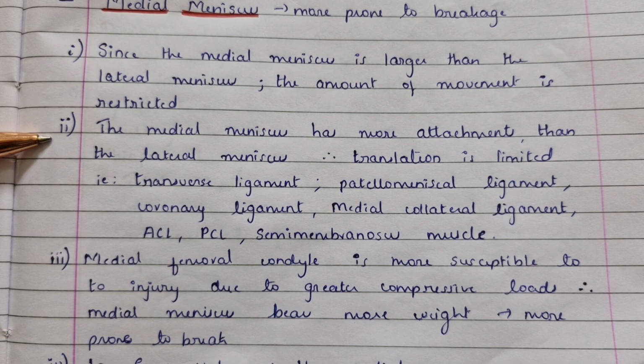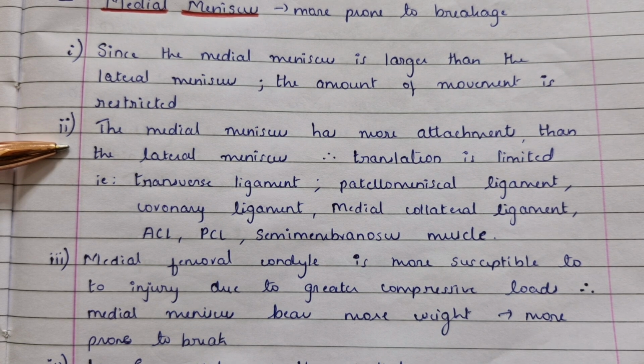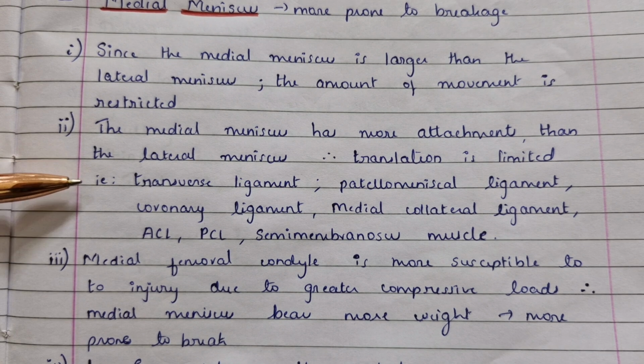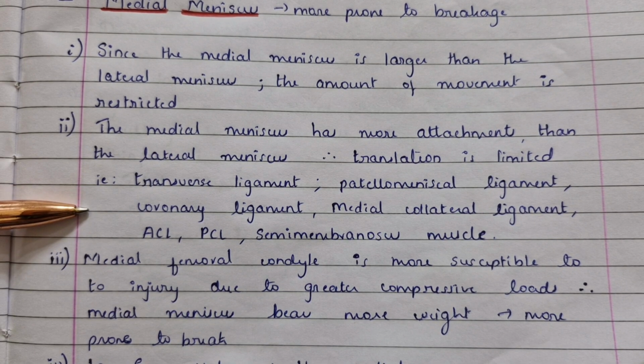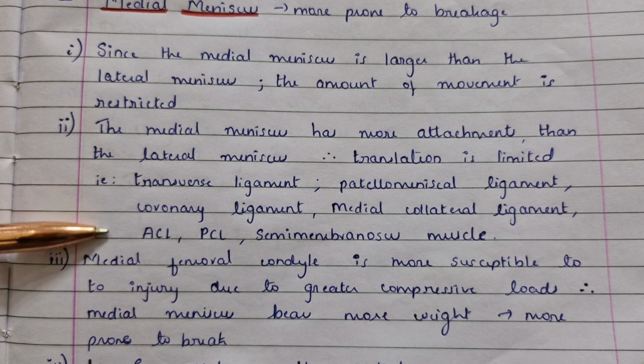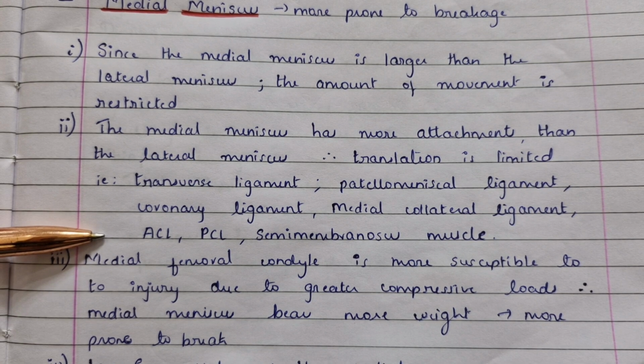Secondly, the medial meniscus has more attachments than the lateral meniscus. Therefore, translation is limited. The attachments are the transverse ligament, the patellomeniscal ligament, the coronary ligament, the medial collateral ligament, the anterior cruciate and the posterior cruciate ligament, and the semimembranosus muscle.